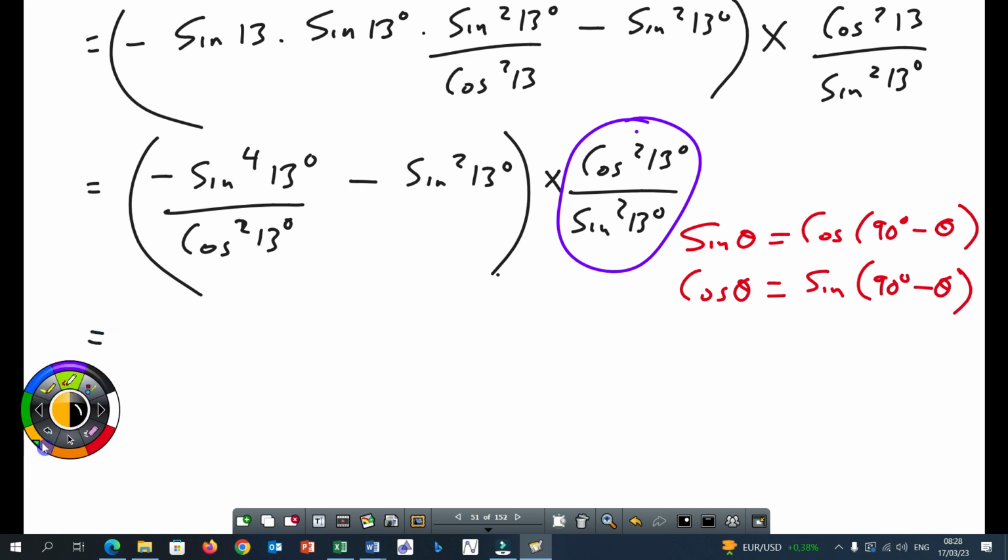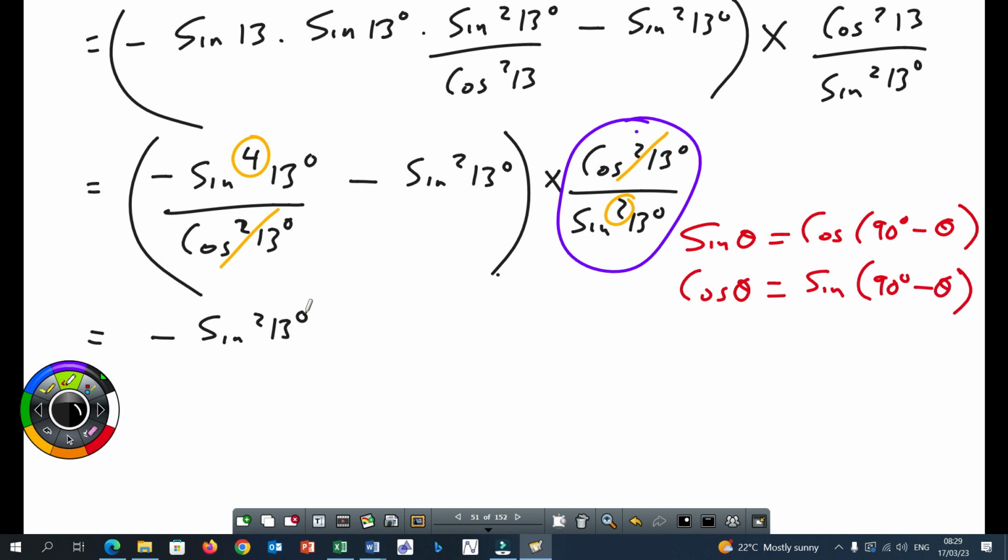If I distribute it, you are going to get this. These sine squared 13 are going to cancel with the ones from there. Because when I distribute, that's what's going to happen. And then this cos squared 13 is going to cancel out with that. Are you following that? So I'm going to be left with minus sine squared 13 degrees.